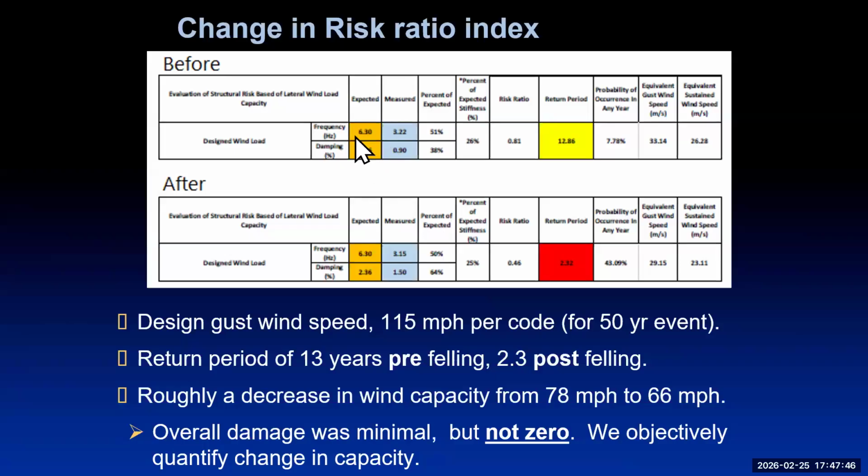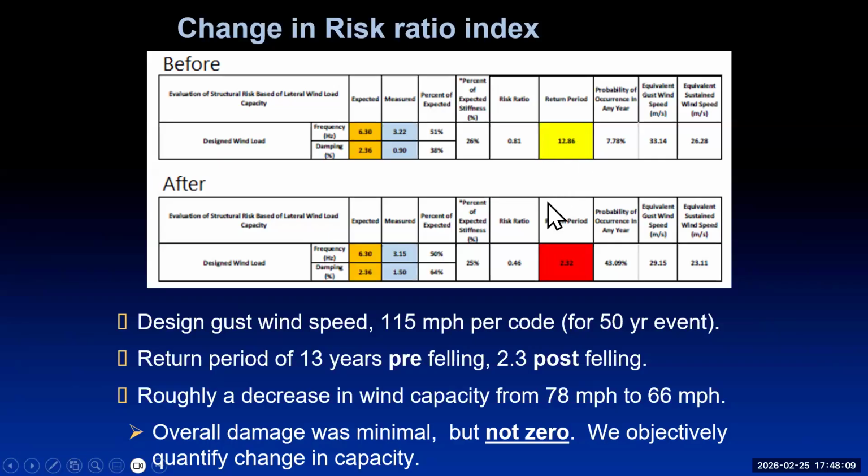And then the damping initially was very, very low. It was 0.9%. What that tells you is that a few cycles will actually cause a lot of amplification. So in any event, we put this into what we call a risk ratio. As Alan mentioned, this is the thing that is patented.